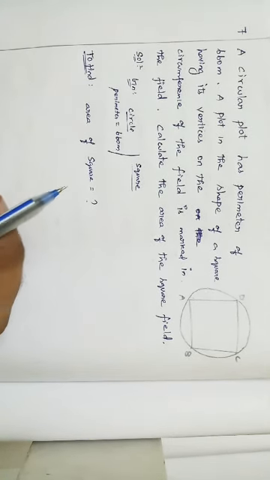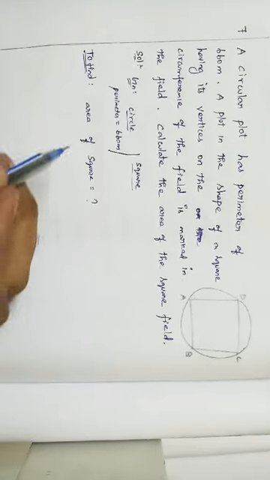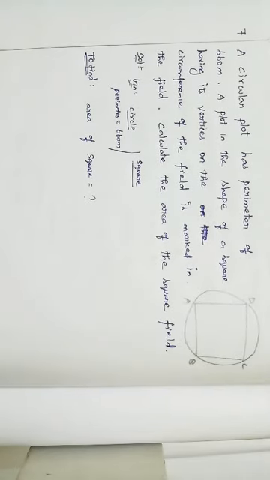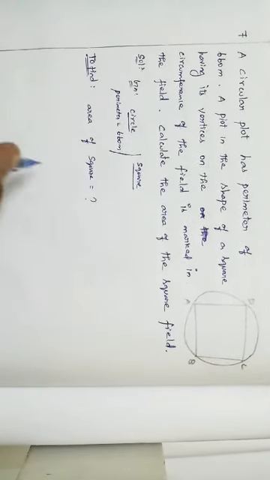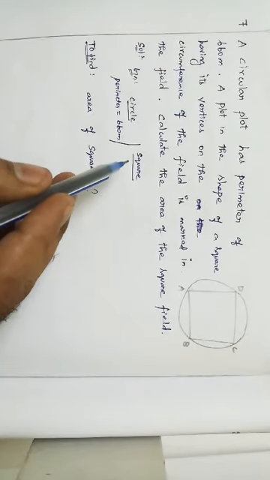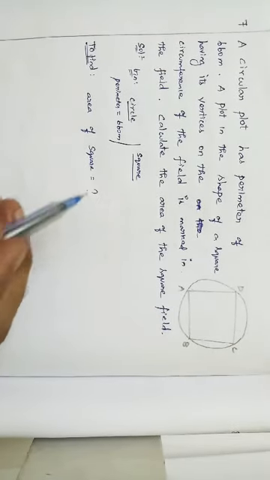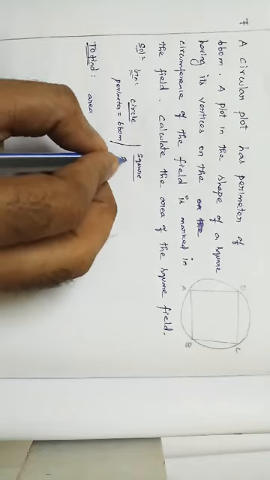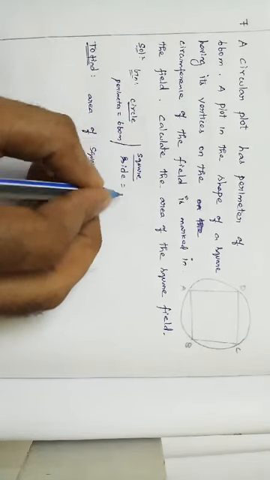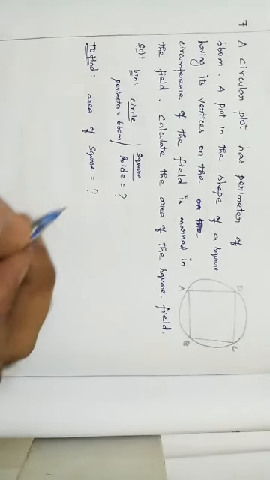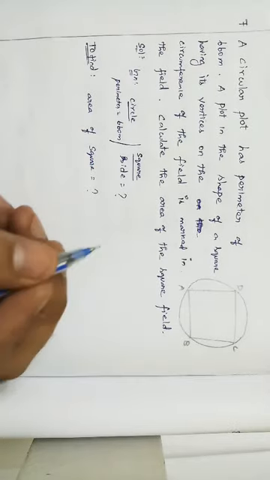What is the formula of area? Side into side. If we know the side of a square, then we can easily find the area. But here we don't know the side. Now we are going to find the side. How are we going to find it?